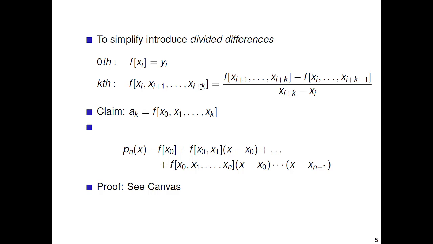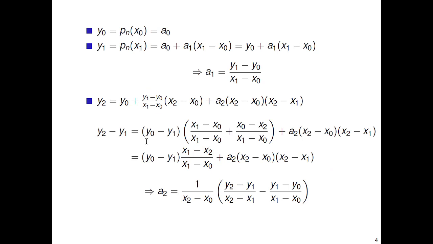Just like on the last page here, if we can get back to the last page. There we go. Just like the last page, I had a difference of something that looked like a first order derivative, or in other words, a first divided difference, and another divided difference.